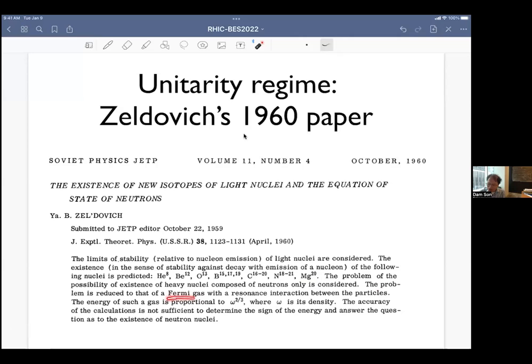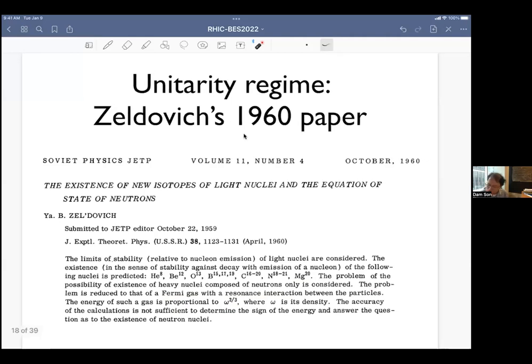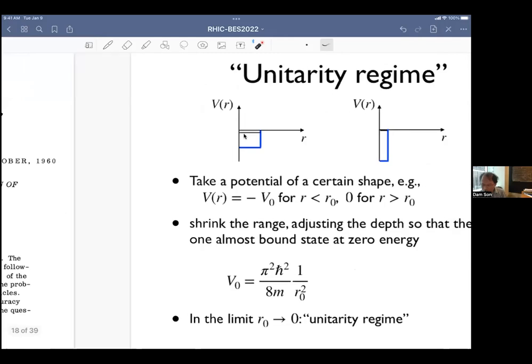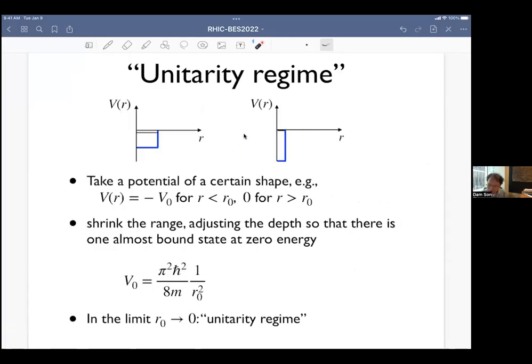He called that a Fermi gas with resonance interaction, which is basically the unitary Fermi gas, and he made some prediction for the energy of such a gas, which later became very important in physics.